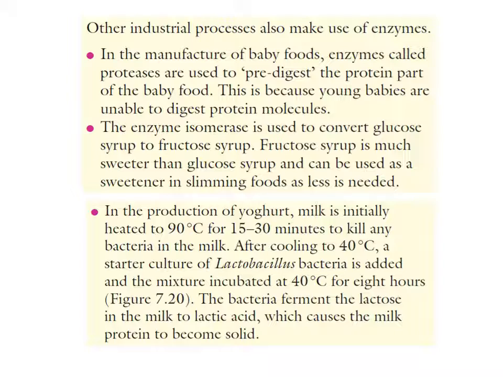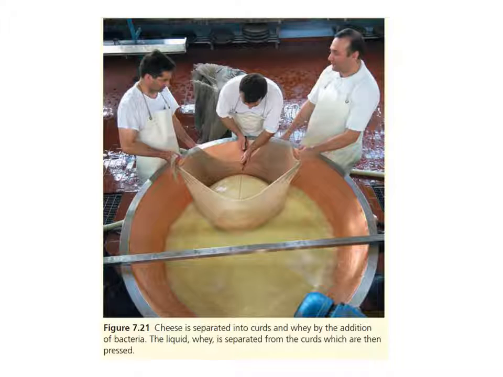This is the same process by which we make curds. The bacteria ferment the lactose in the milk to lactic acid, which causes the milk protein to become solid. That's why curd becomes semi-solid while milk is liquid. Lactobacillus bacteria, the name should be remembered.